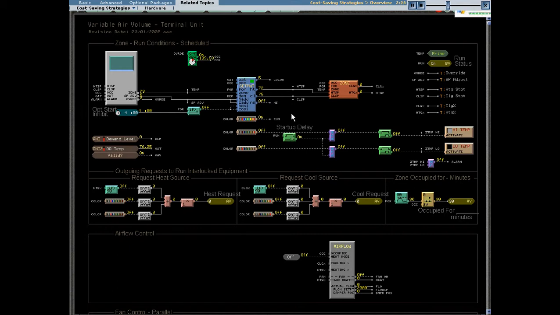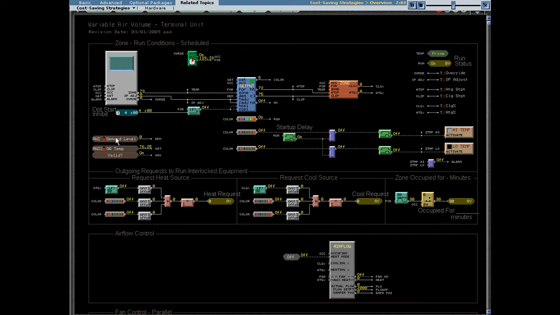We call this optimal start, and the idea is it really keeps people from having to schedule things like chillers and air handlers on 2 or 3 hours beforehand in order to meet the needs of the zone at occupied time. In other words, we'll send requests out before we're supposed to be occupied when we need to in order to meet anticipated needs of that particular zone. And that's called optimal start.